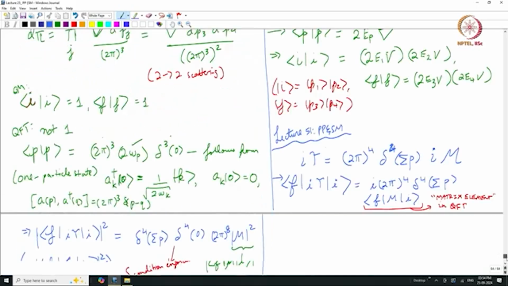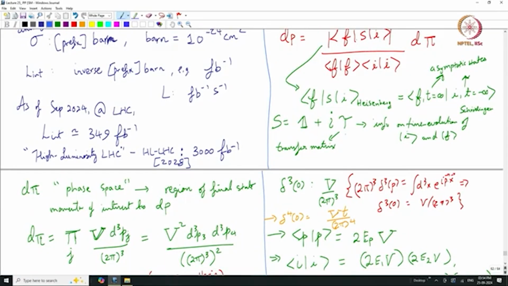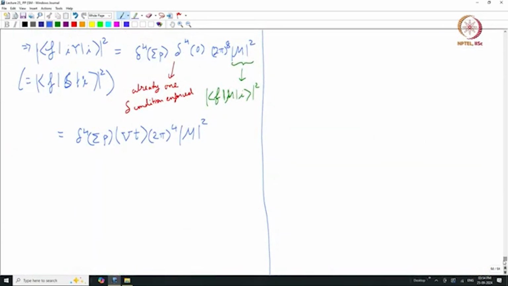So what do we have now? We have a dp, we have the denominator terms, we have the numerator term, we have the phase space, and we have the rest, V and T and v1 minus v2. All of this we have, right? So we're going to put all that together. Let's do it again bit by bit. Putting them together, first, let me write just dp.